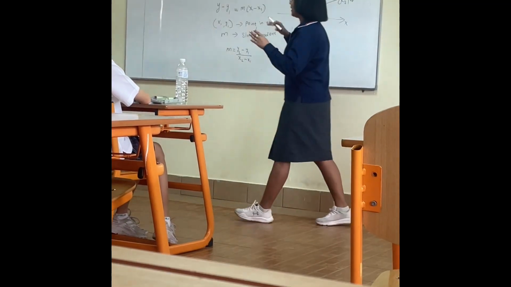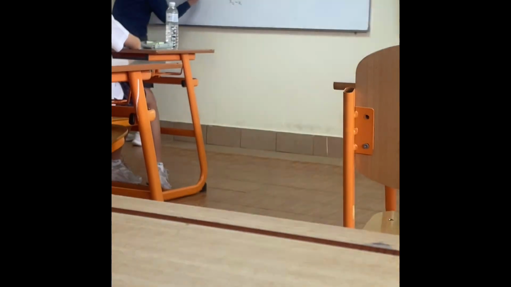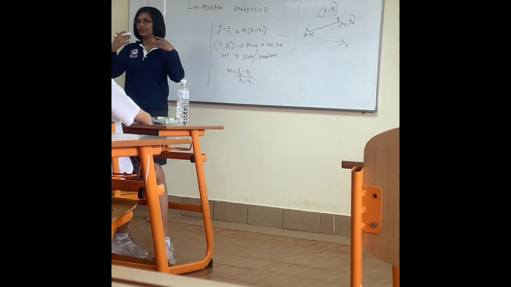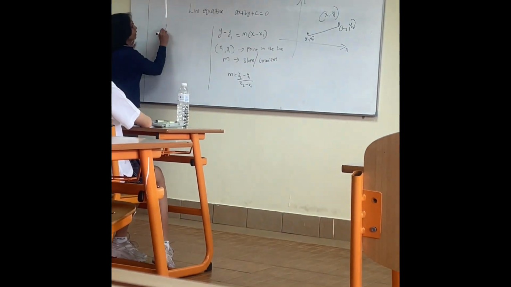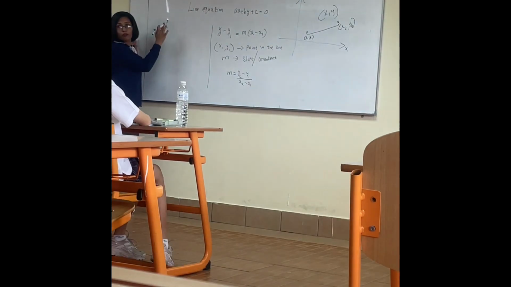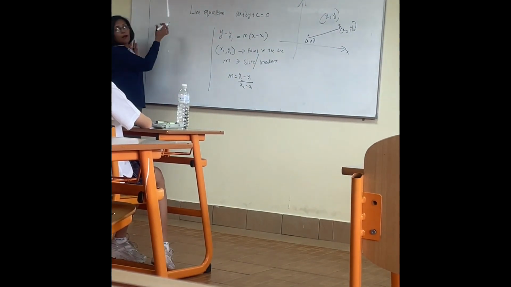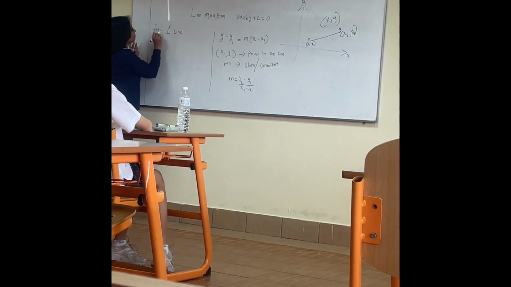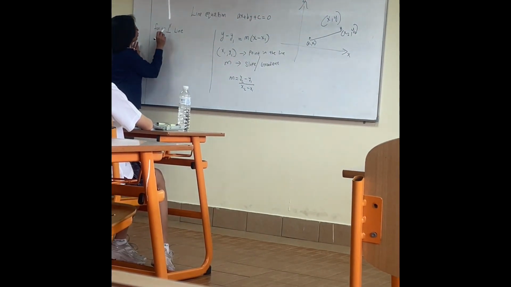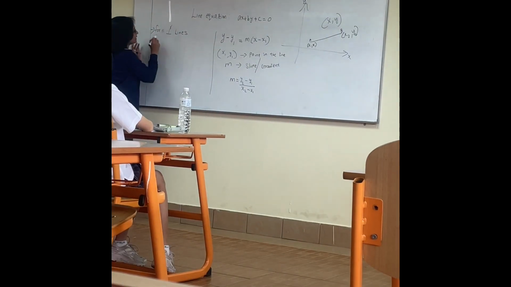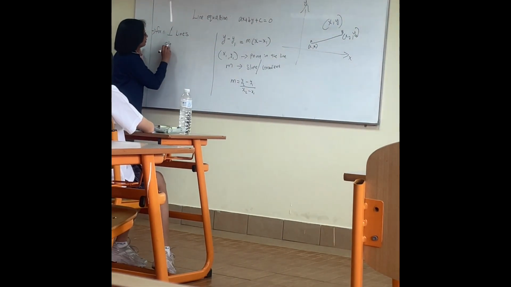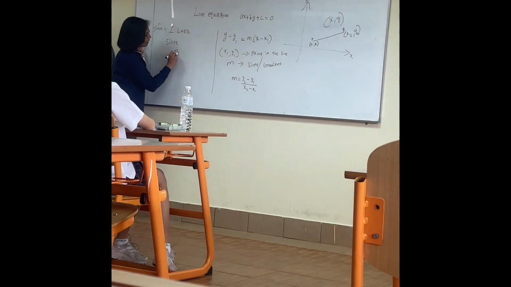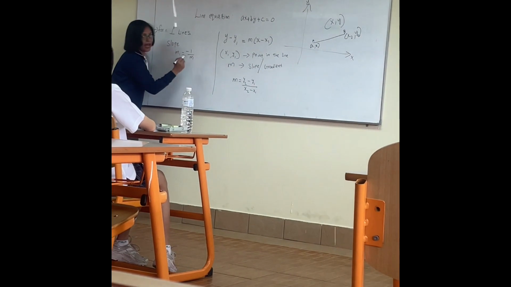Okay, and in slope we also learned about perpendicular lines. For perpendicular lines we can say slope m1 equal to -1 over m.